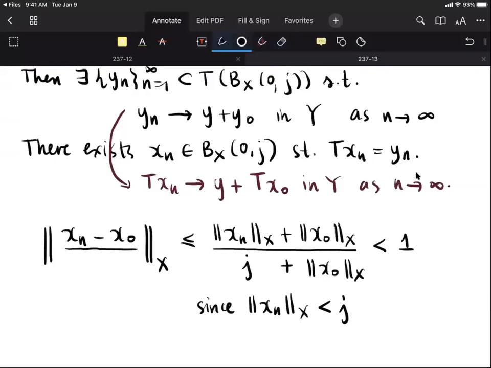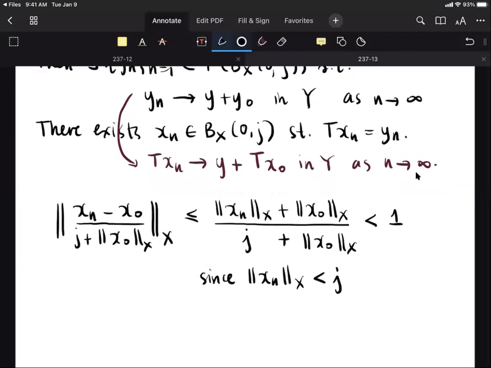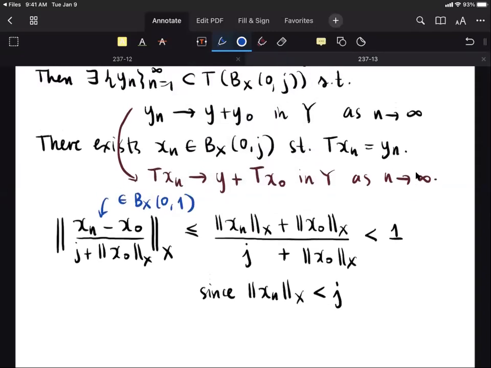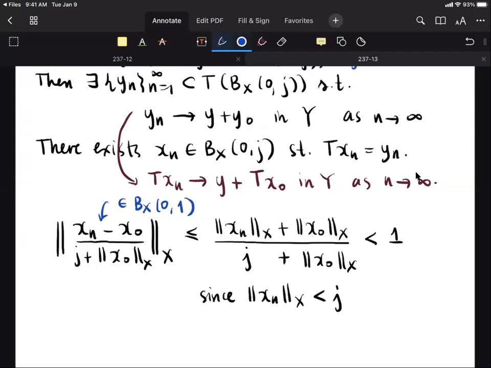So that would be the denominator here as well. So we force this to be in the unit open ball in X.